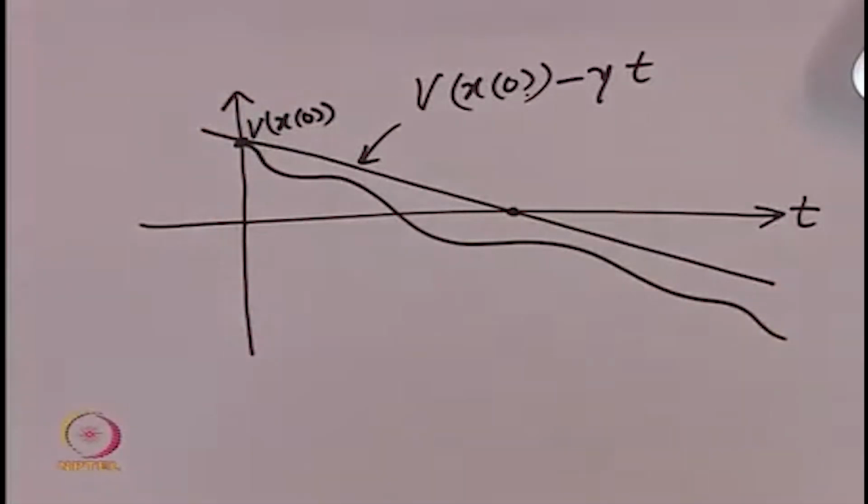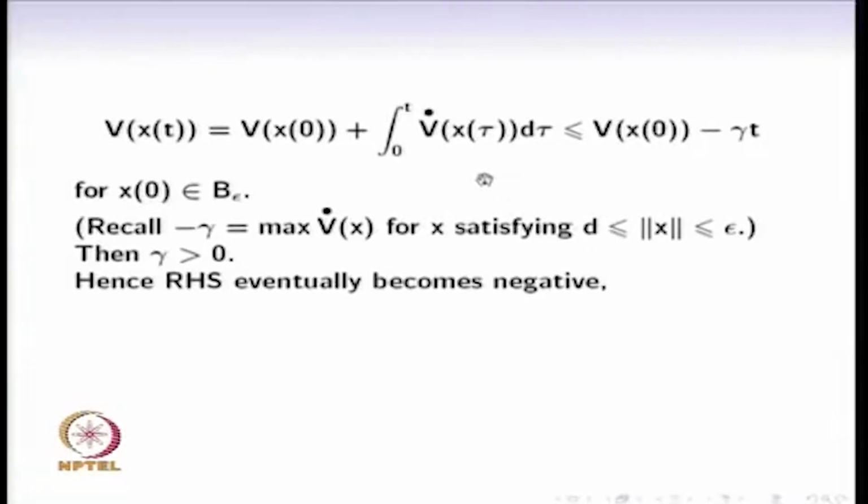So coming back to this particular slide, v of x of t is less than or equal to this line, and this line itself becomes negative no matter what v of x of 0 is, no matter what the gamma value is, because gamma is positive.